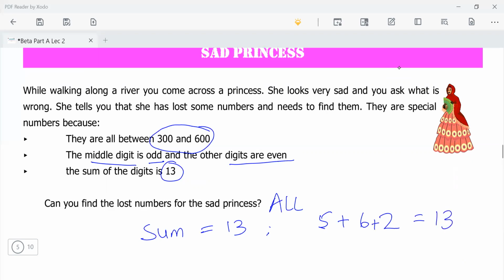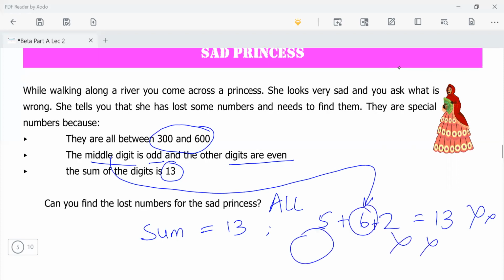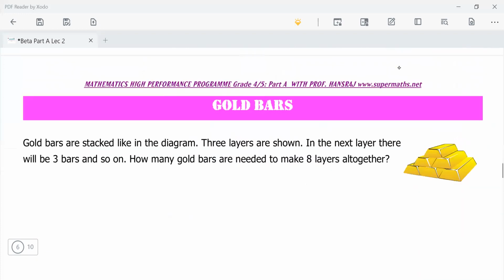That makes 13. But does this work? No. Why not? Because it says that the middle digit here has to be odd. And the middle digit here is even. So this doesn't work. Now, can you find cases where it works? Can you make it work? I'll leave that to you.